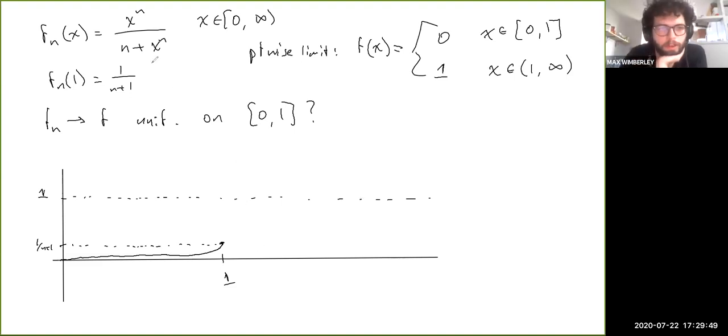So it's a similar thing. It's just that this increase happens after the point.